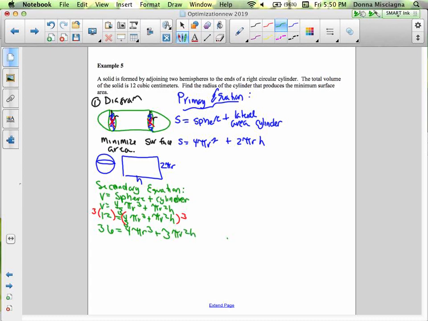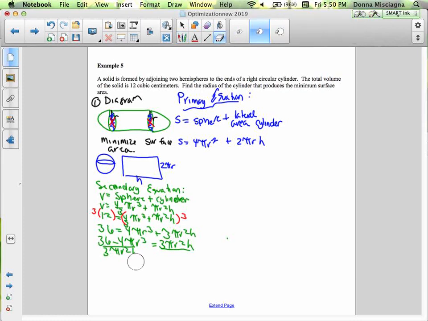We'll subtract 4 pi r cubed. So 36 minus 4 pi r cubed would equal 3 pi r squared h. And then just divide both sides by 3 pi r squared, not the h, sorry, 3 pi r squared. And I'm going to simplify that. I'm going to divide each term separately rather than do a quotient rule.